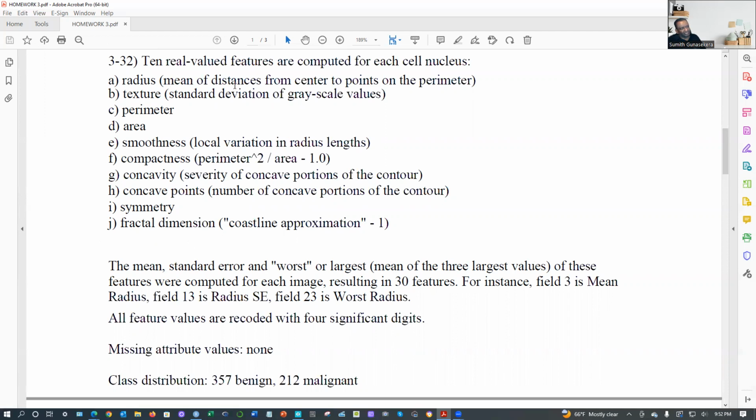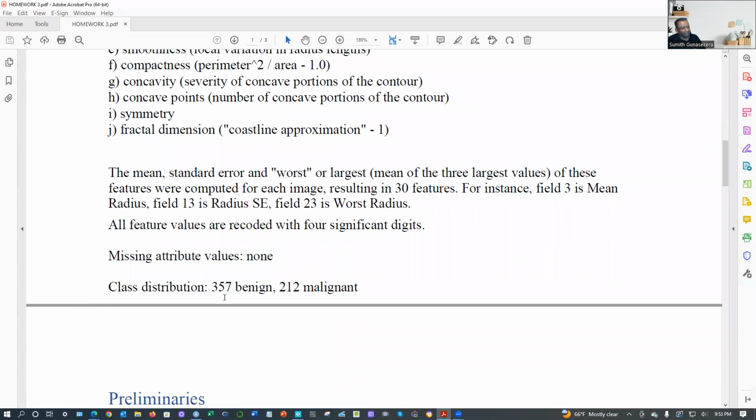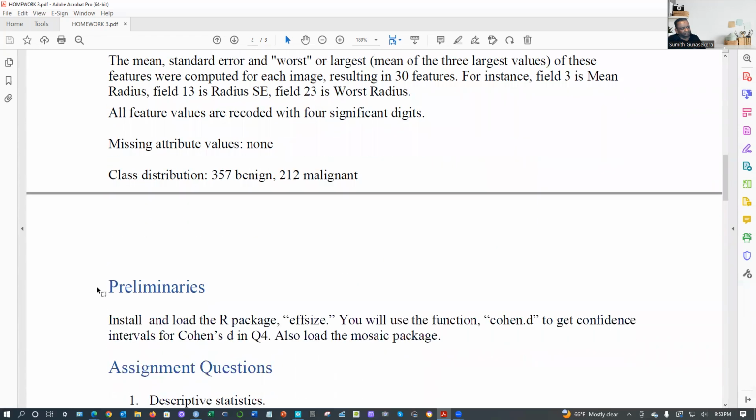You go to the radius, and those mean distances are put together to get the mean, standard error, and largest. In that way we create 30 features. For instance, field 3 is the mean radius, field 13 is the standard error of the radius, and field 23 is the worst radius. All feature values are recorded with four significant digits. Missing attribute values: none. Class distribution: 357 benign, 212 malignant.